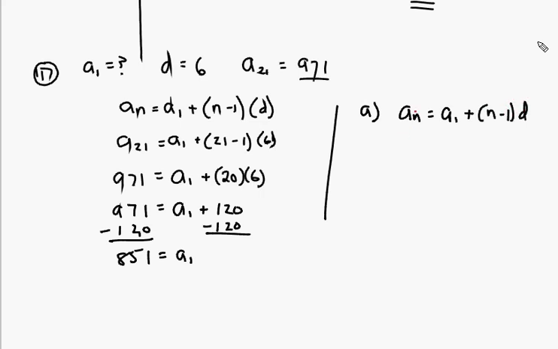The formula specifically for this sequence then would be a sub n is equal to 851 plus n minus 1, and my difference is 6. So that would be the answer for A, right there. B, that is the recursive definition.